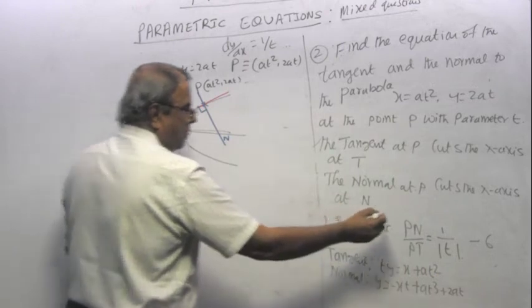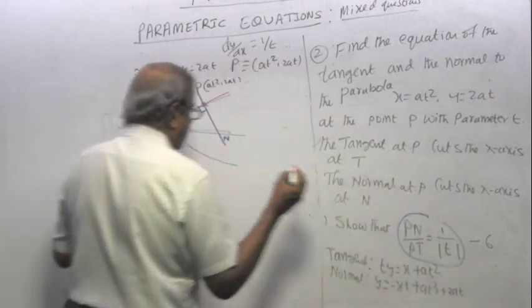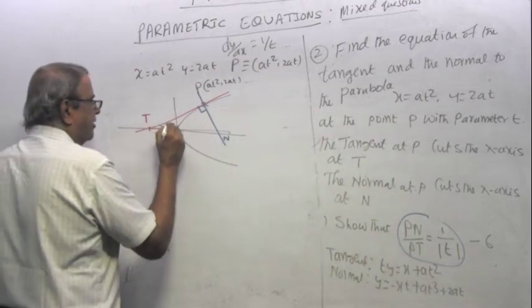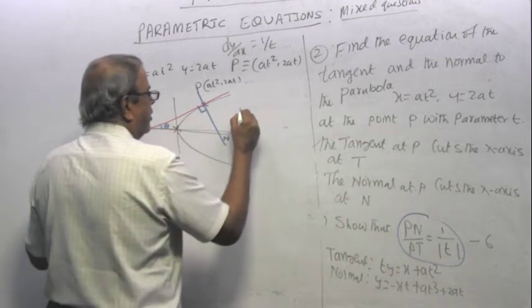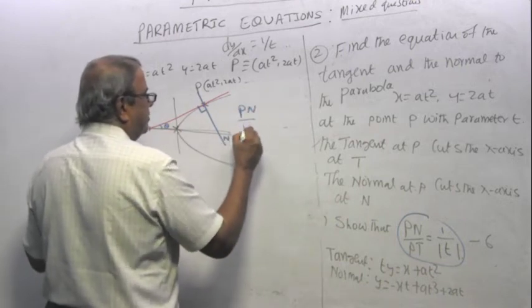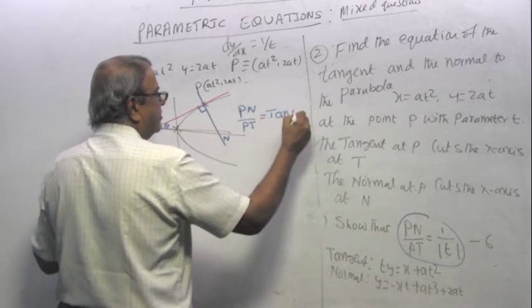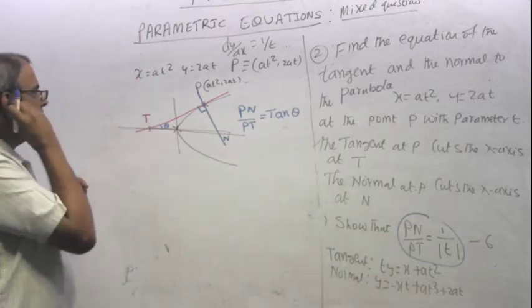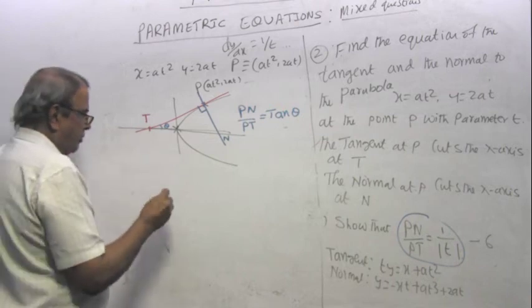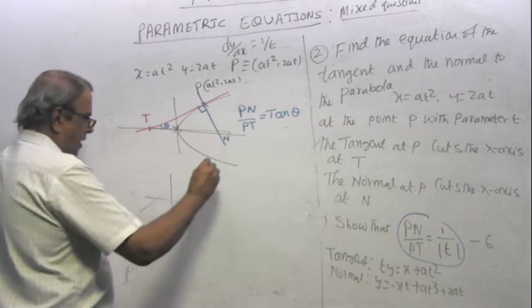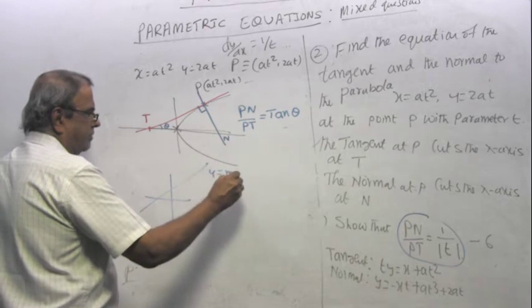Isn't it? That result. Suppose I call this angle theta. What is PN over PT? It is tan theta. Correct? Now suppose I have a line y equals mx plus c.